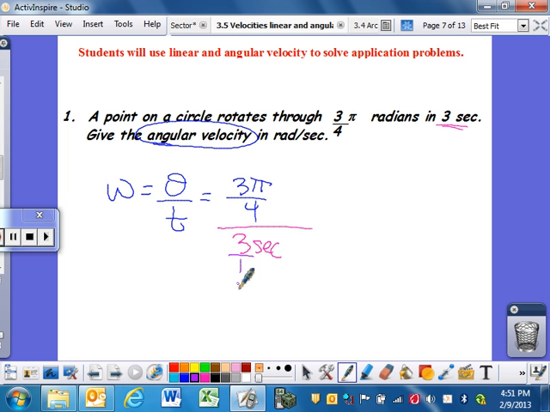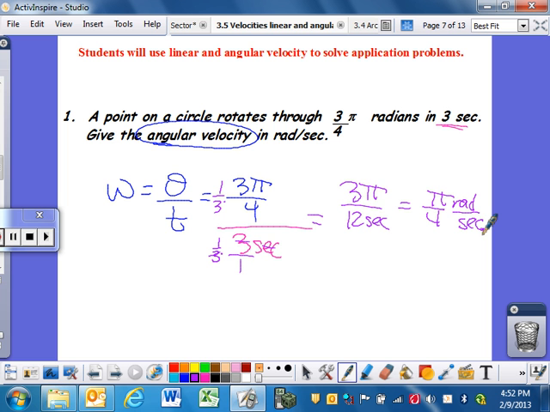I know you guys don't like me saying that, but this is like 3 over 1 on the bottom. So I can multiply top and bottom by 1/3 to cancel it out on the bottom here. So I end up getting 3 pi on top, 12 seconds on the bottom, and we end up reducing it down to pi over 4 radians per second.